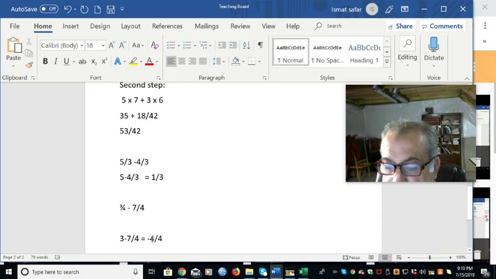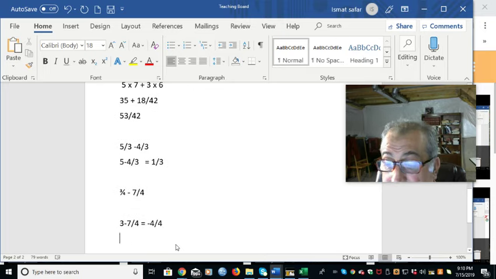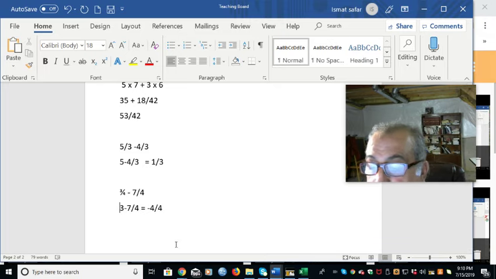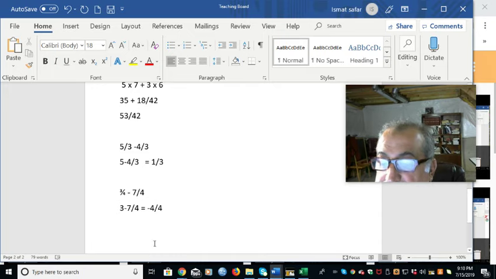Don't worry about this negative now. We'll talk about that when we go over addition and subtraction of negative numbers. And then we have 3 minus 7 divided by 4 equals negative 4 by 4, which is equal to negative 1.